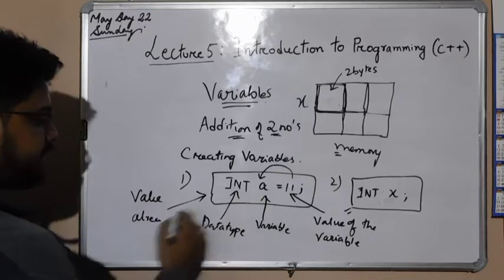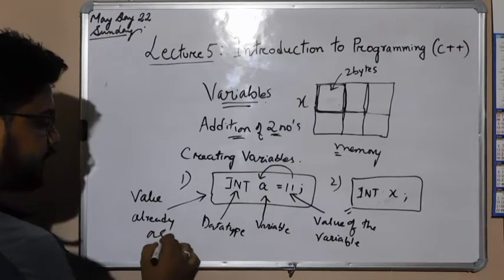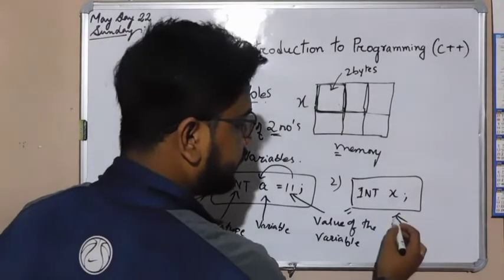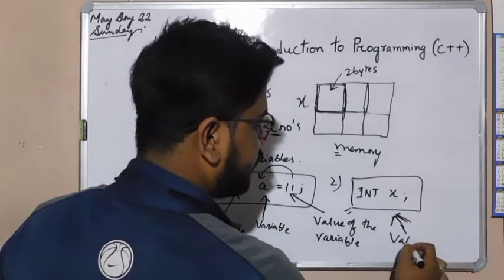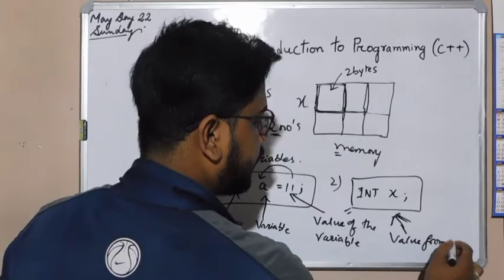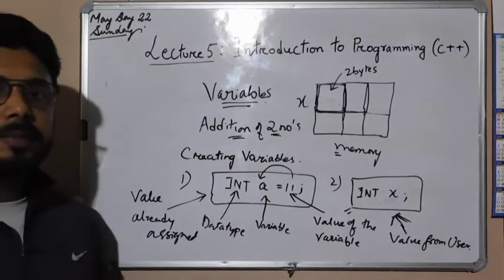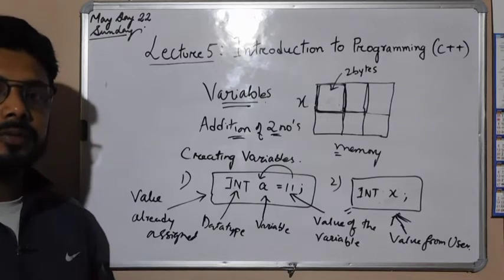In this case the value is already assigned, but in this case we have to take the value from the user. I hope it is a little bit clear what variables are and why to create them.